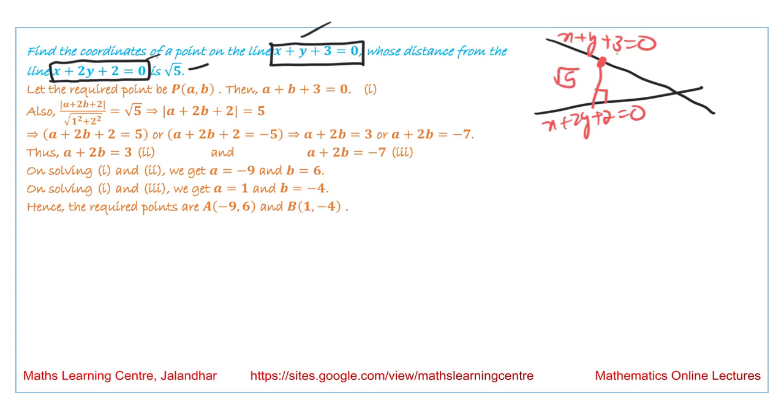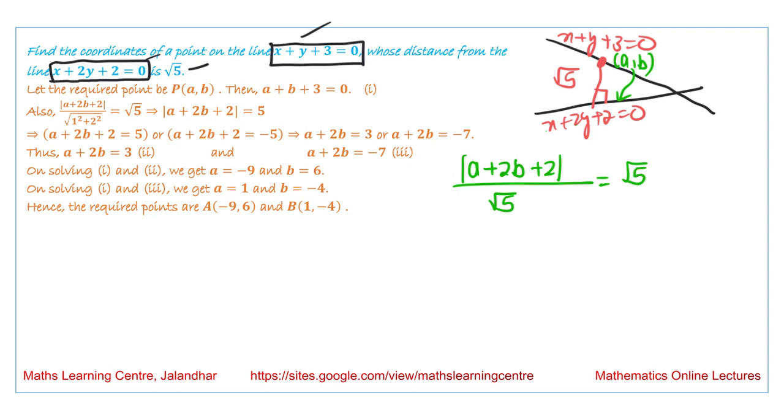Suppose the coordinates of this point are a comma b. Then the distance between these two is given by mod of a plus 2b plus 2 divided by the square root of 1 square plus 4 square, that is root 5. We are saying it should be equal to root 5.